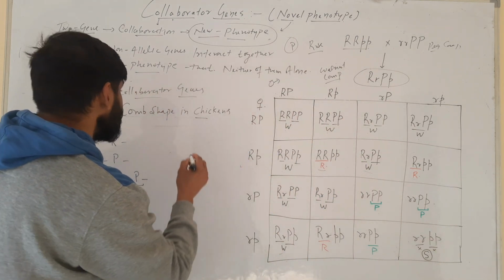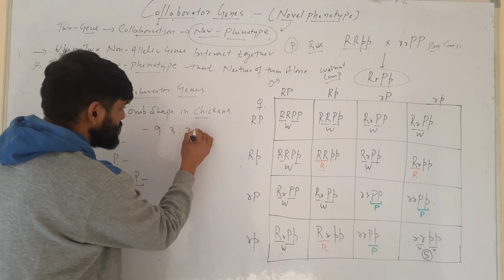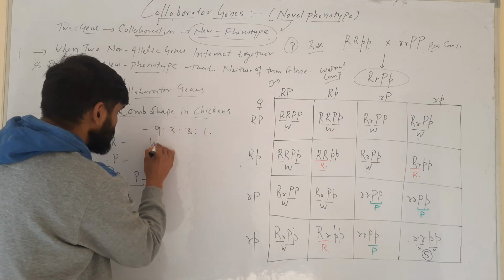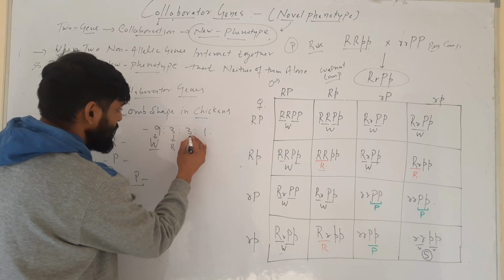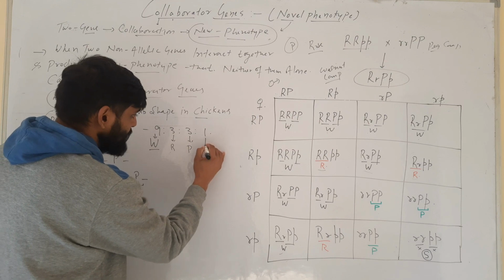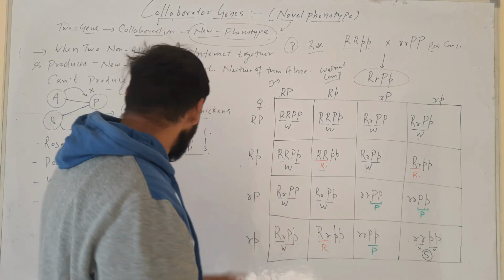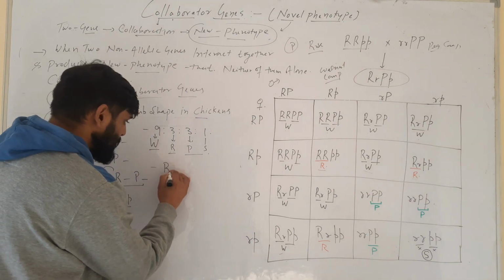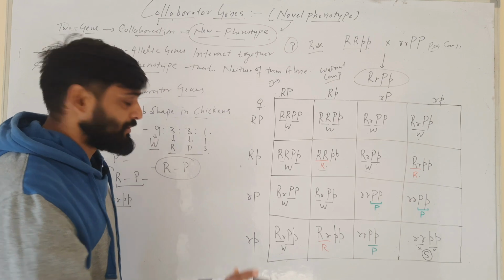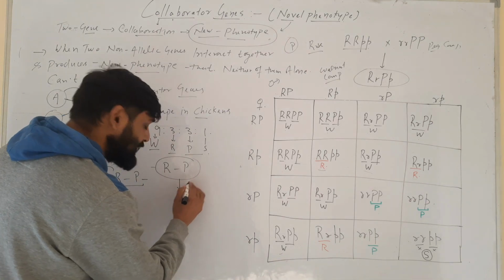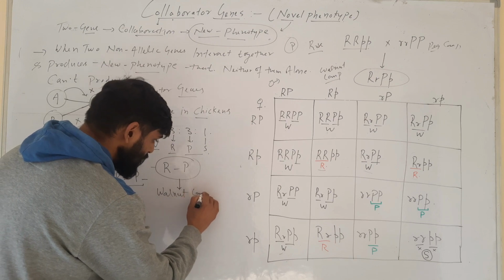So here you can see that we will get the ratio 9:3:3:1. 9 will be walnut, 3 will be rose, 3 will be pea and 1 will be single. So in this cross you can see that when these two genes, capital R and capital P, are both present together, they interact and cause walnut comb.